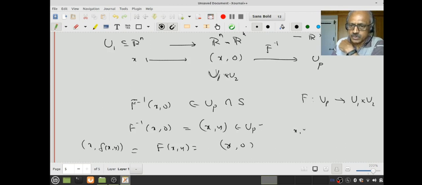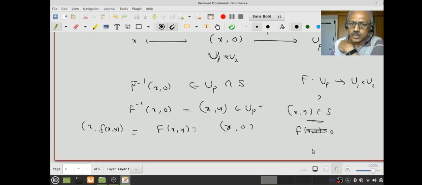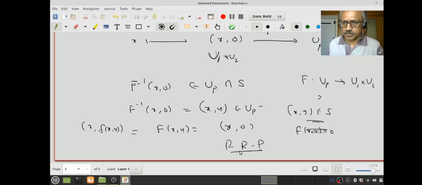I want to say xy is in S. If I want to say that, I have to prove f of xy is also 0. Since you told me F inverse of x0 is xy, if I apply capital F on both sides, capital F of this will be x comma f of xy, and capital F of that will be x comma 0. Equating the second coordinates, I get f of xy equal to 0. Do you understand? Pause, review, proceed.